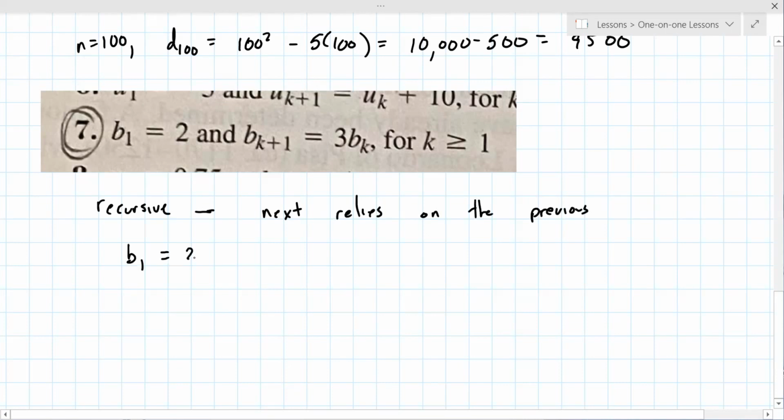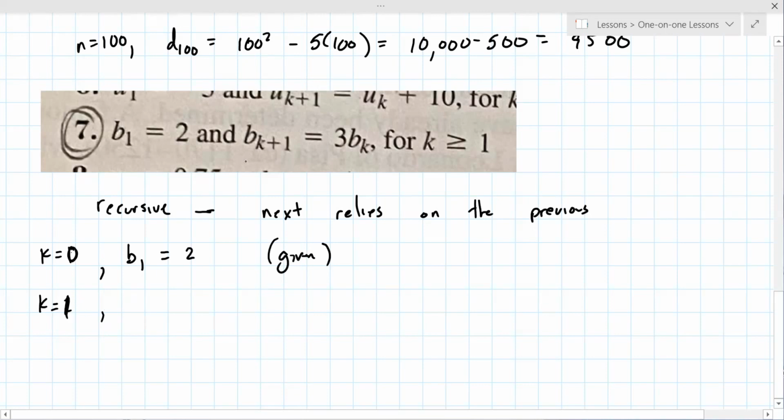B sub 1 equals 2, and that's for k equals 1. That's just given. You don't have to do anything for that. When k equals 2, okay, we're putting 2 into this, actually, okay, so, all right, this is like k equals 0. It's a little bit backed up here.